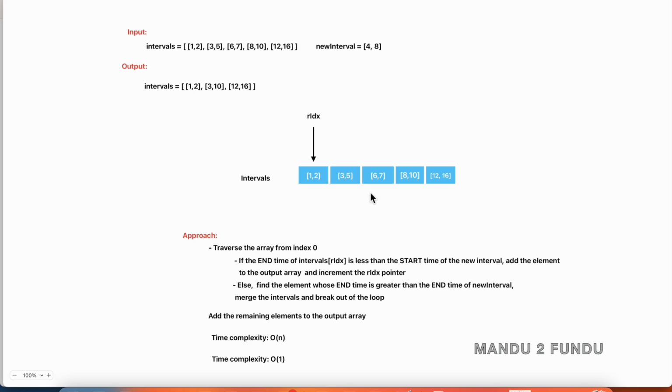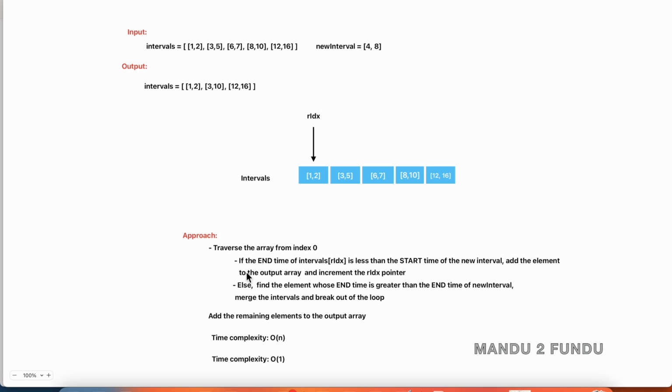We can solve this problem by scanning this array once. Starting from index 0, we traverse the array until the end of the array. Initially, the read index will be advanced until the first entry which has an overlap with the new interval.